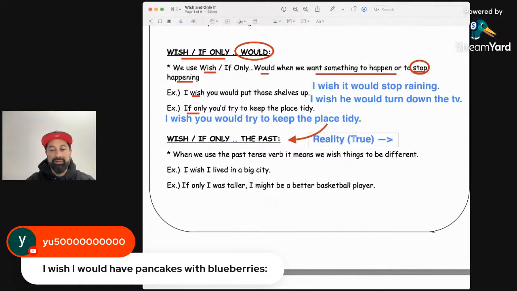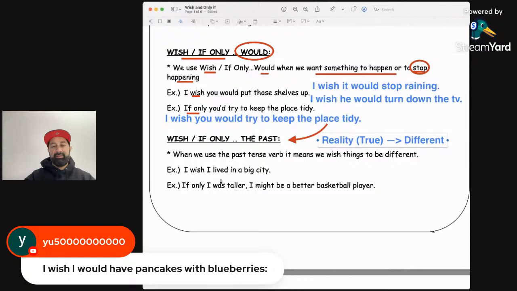When you're using wish in this situation, you want something to be different. You want the fact, the reality, what is true right now, you want it to be different. Often it's impossible, sometimes impossible, for something to be different, but that's what you wish. So if you want something to be completely different from right now, not something to happen, but you want it to be different, then we use wish and past tense.